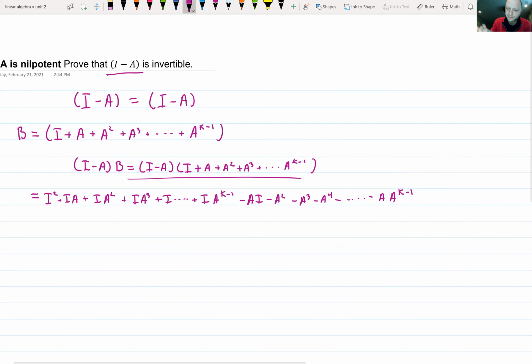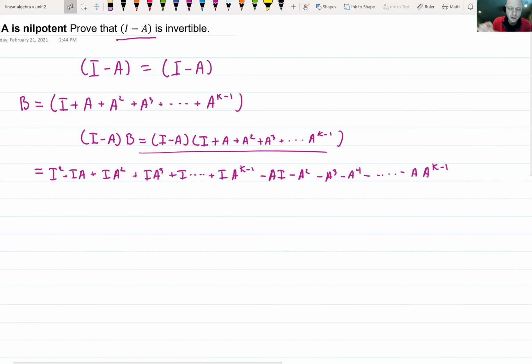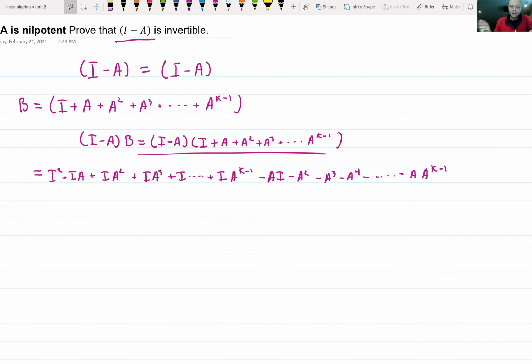Okay, so here's what we've got to work with. Anything multiplied by the identity is simply itself, and that goes for the identity. So we could simplify this to equal I plus A squared plus A cubed plus dot dot dot plus A to the K minus 1.